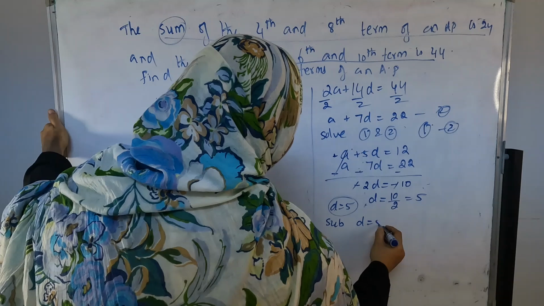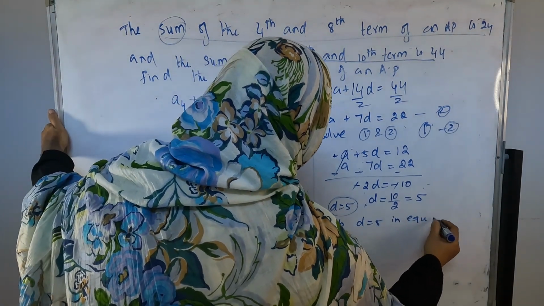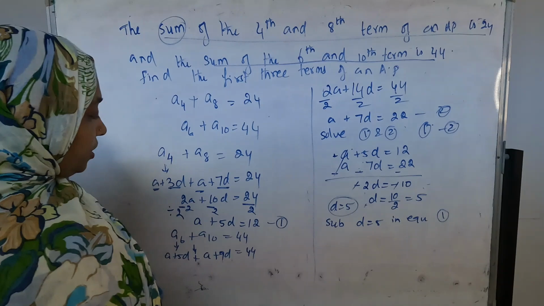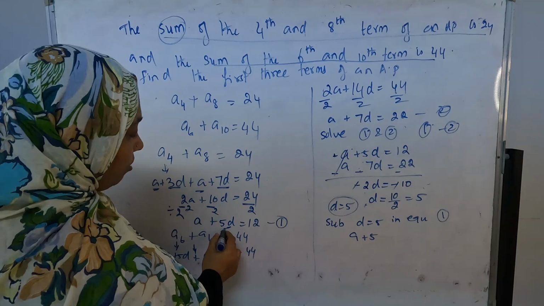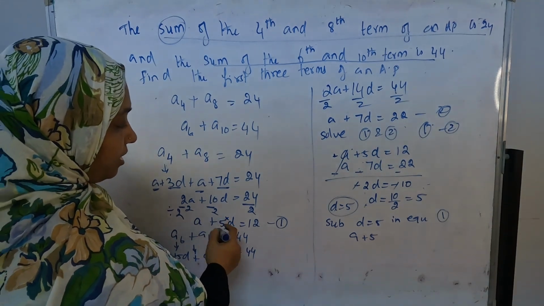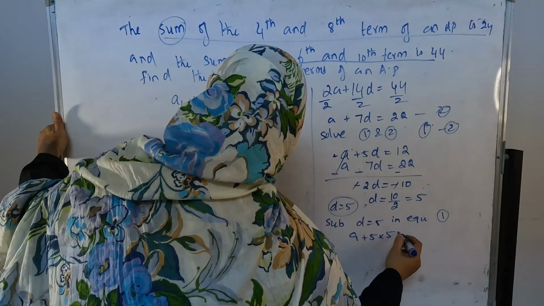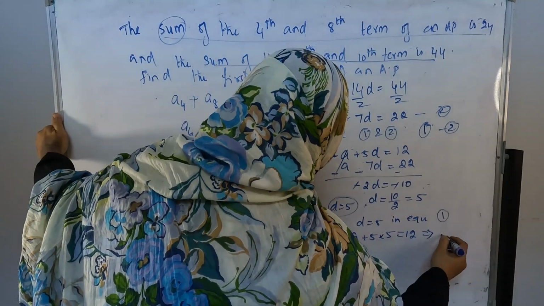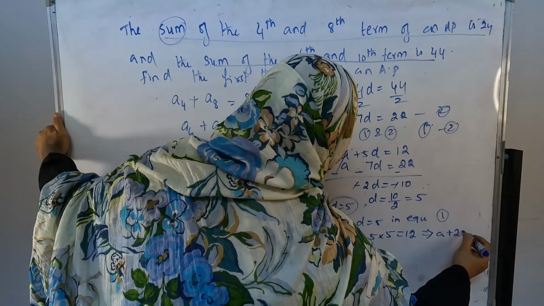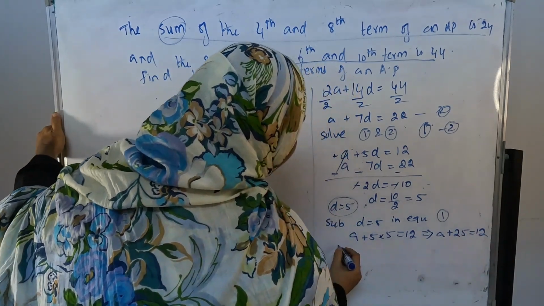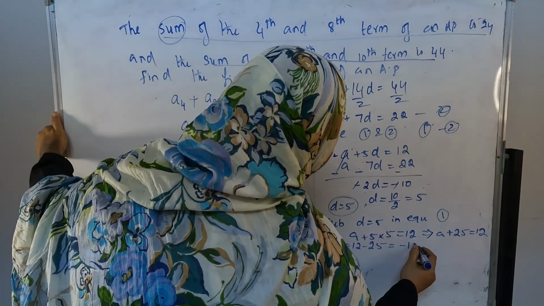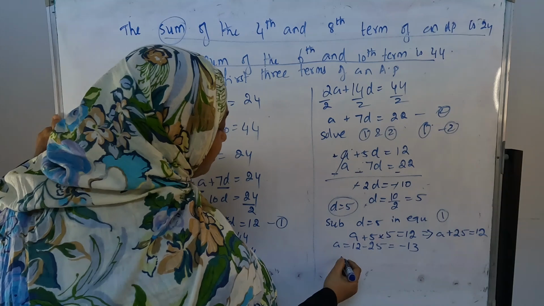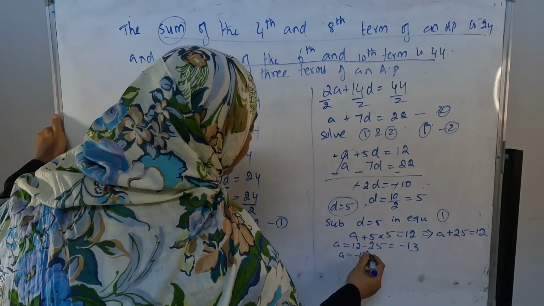Substitute d as 5 in equation 1. So a plus 5d, d is there, so multiply this 5, equal to 12. That is a plus 25 equal to 12, and a is equal to 12 minus 25, which is minus 13. a is minus 13.